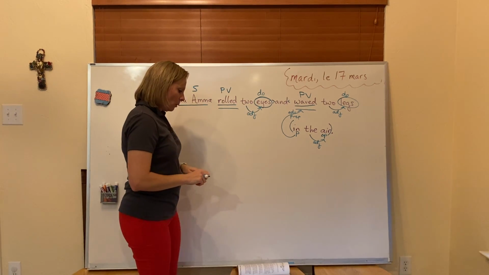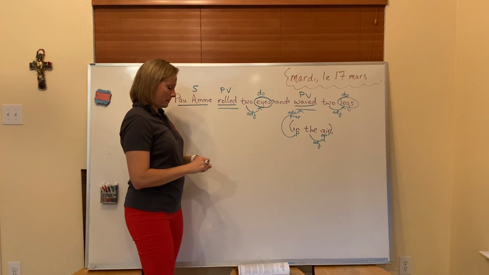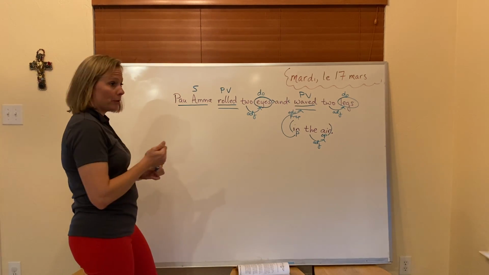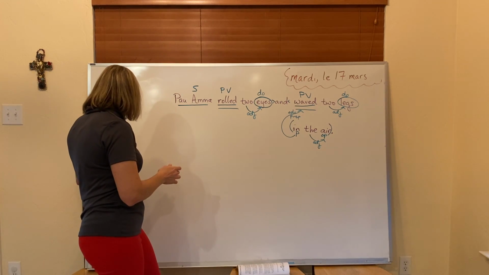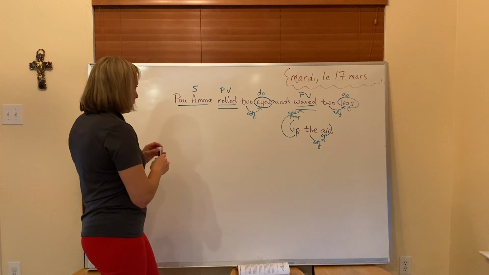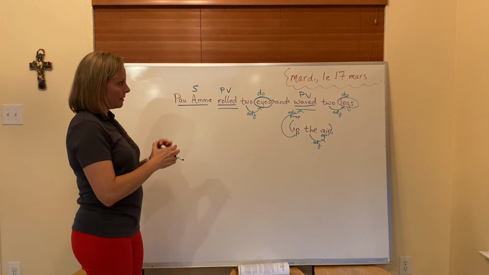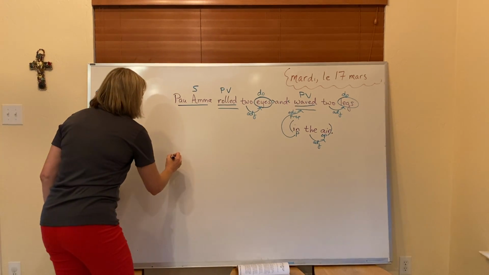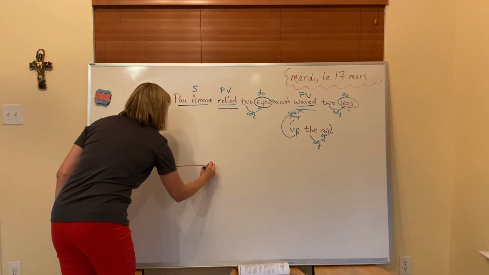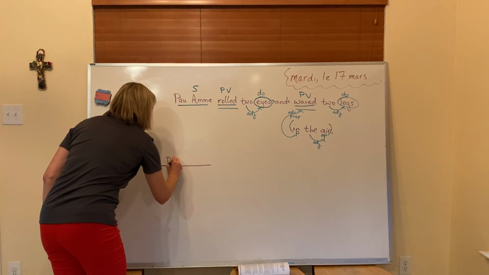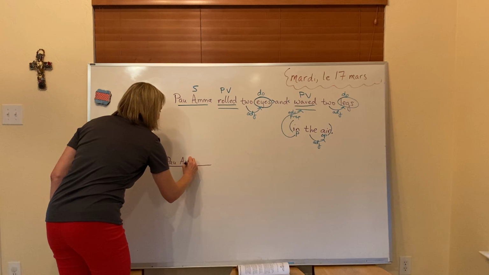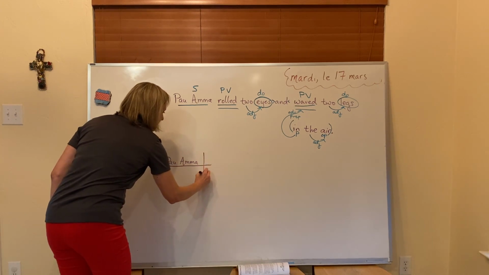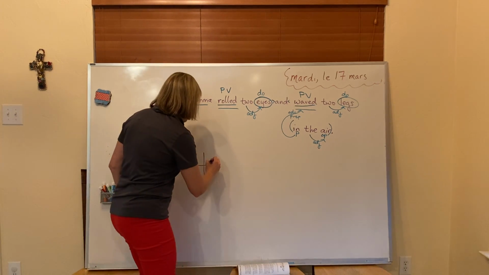All right, when we diagram a sentence with two verbs, we make our spaceship facing the other direction. So here we'll have our subject, Pau Ama. Our line, Mr. Line.